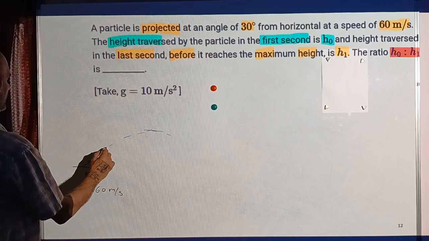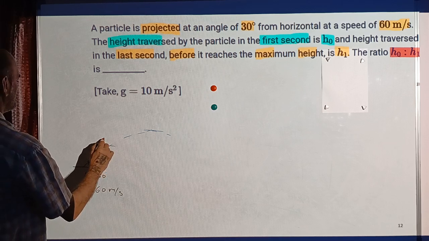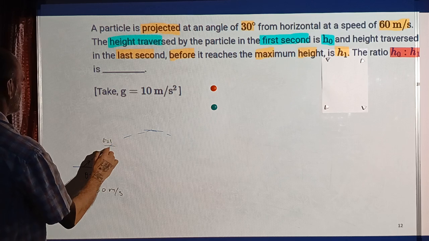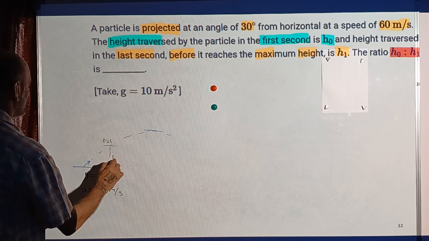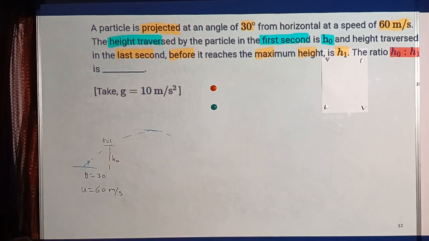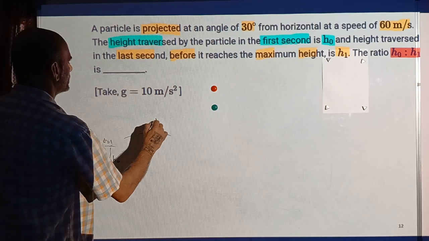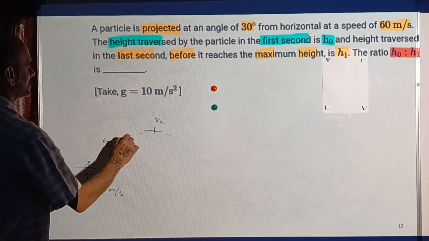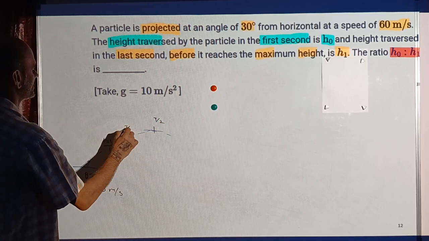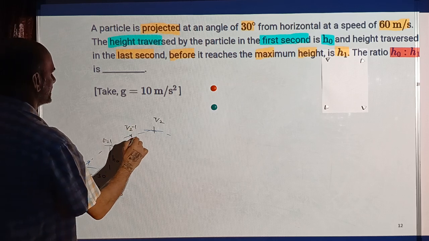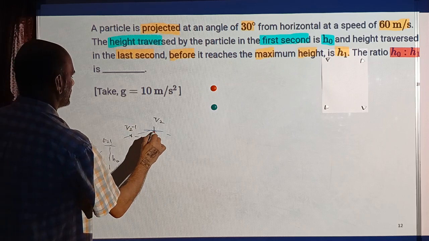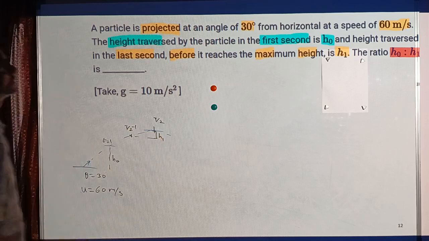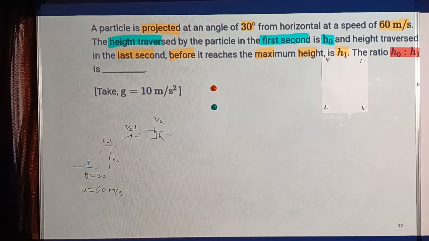So in the first second, this much height is h naught. Here will be at time t by 2. So t by 2 minus 1 will be somewhere here. So this height is h1. So you have to find h1 by h naught.